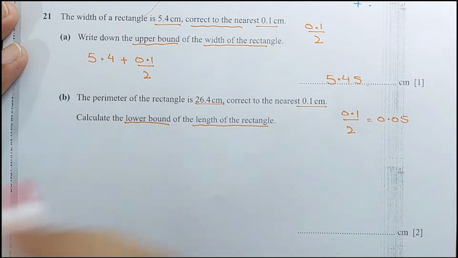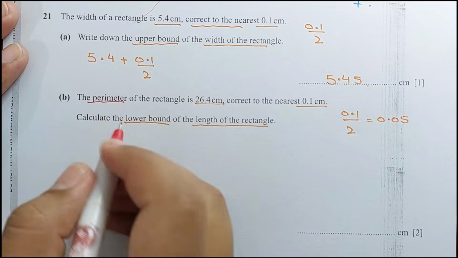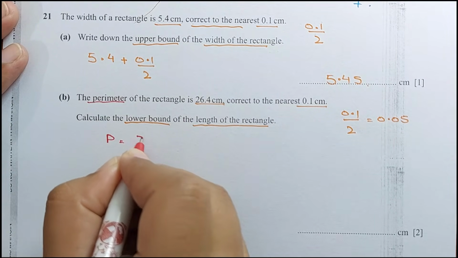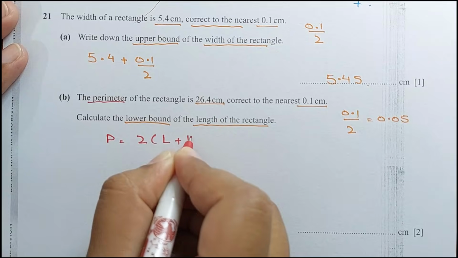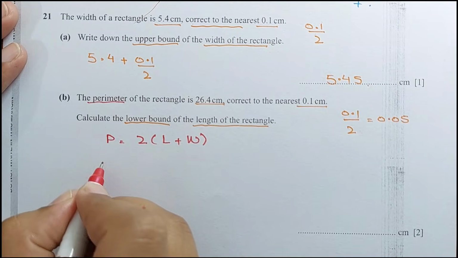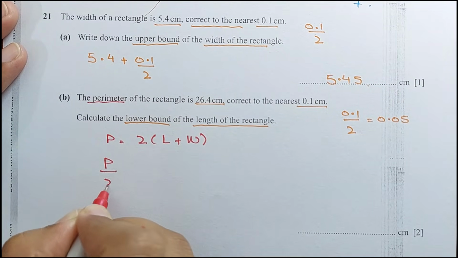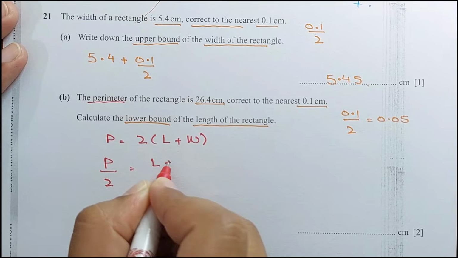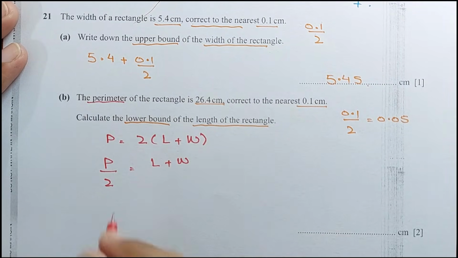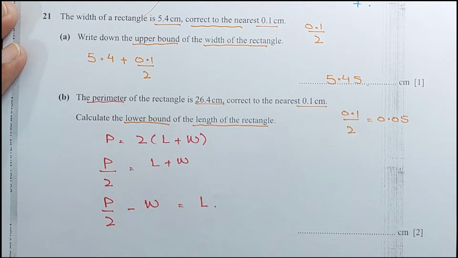Okay, now they gave us the perimeter. As we know, the perimeter of a rectangle is 2 times length plus width, right? So the perimeter divided by 2 equals length plus width. We have to work on the length. So perimeter divided by 2 minus the width, this is your length, right?